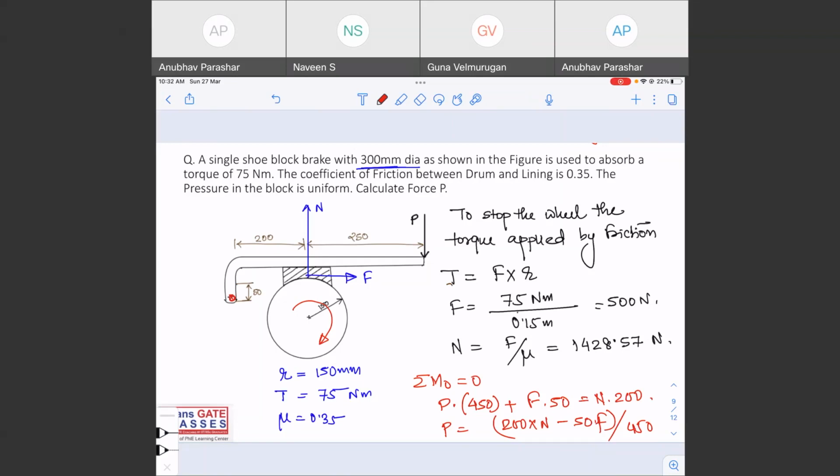How much are you getting the answer as? I'm getting the answer as 579.36. Effort P is equal to 579.36 Newton.